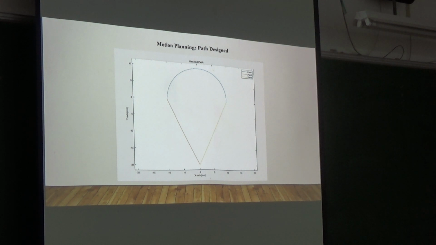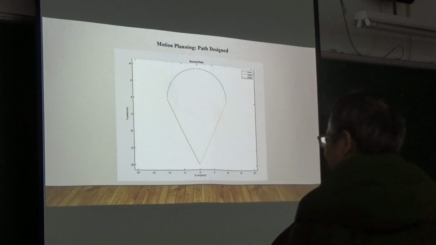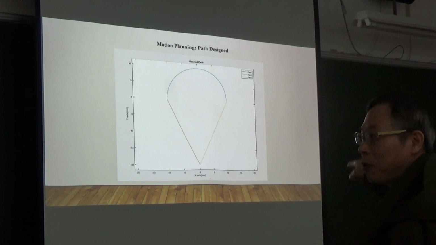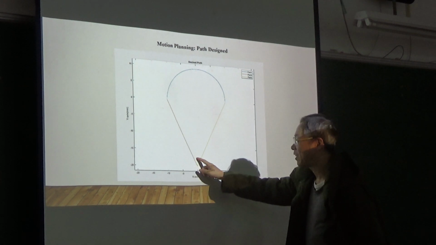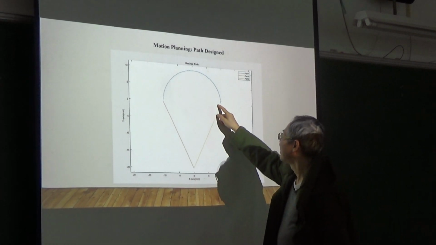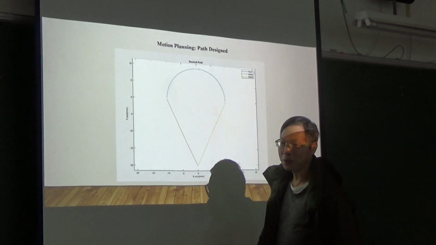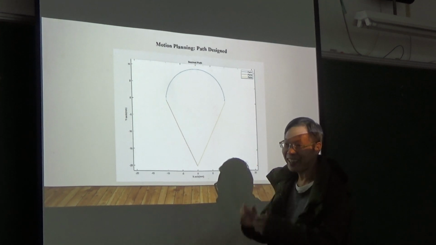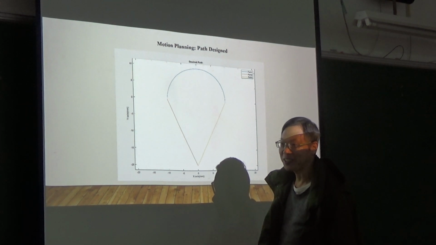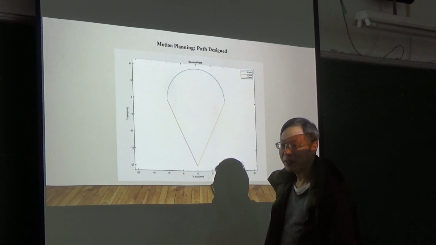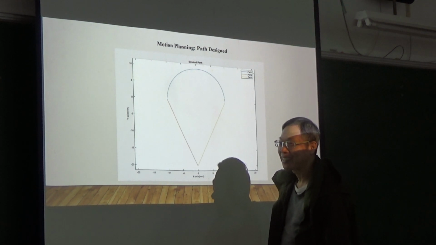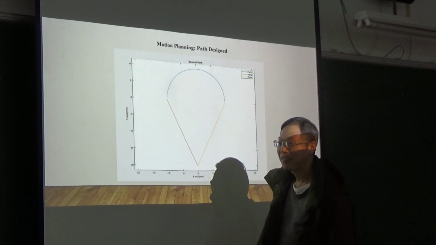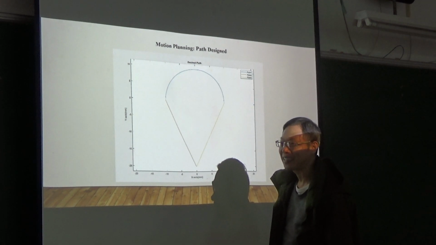Because when we do, for example, the cutting or the contouring, for this kind of case, you have a sharp corner. These two are not so sharp, right? So the better choice of starting point and ending point should be here, so that you can avoid passing through the sharp corner.